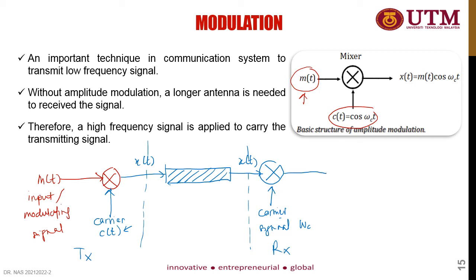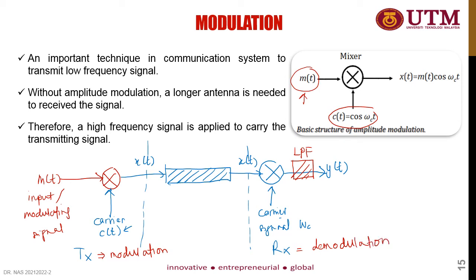Now the signal gives the final output, for example y(t). There will be a filter here, usually a low pass filter, so only the lower frequency component will be selected and the higher frequency component removed. At the transmitting end, the modulation process takes place, while at the receiving end, a demodulation process takes place.